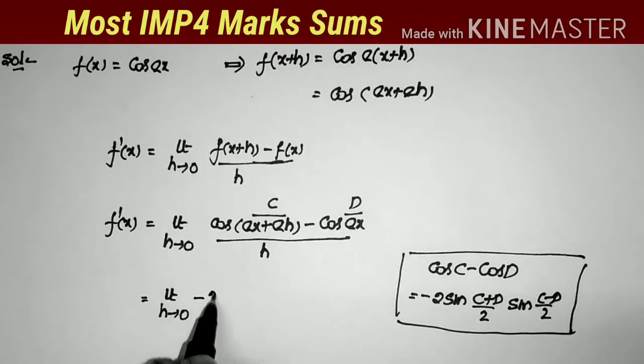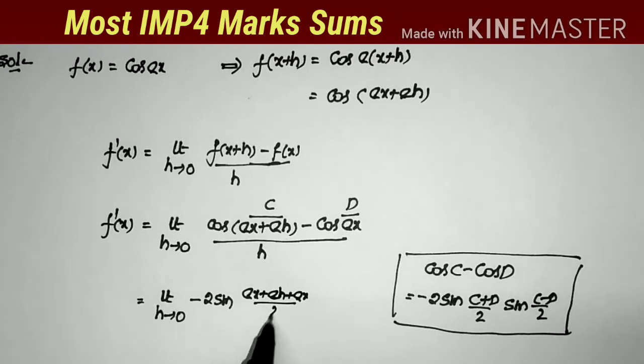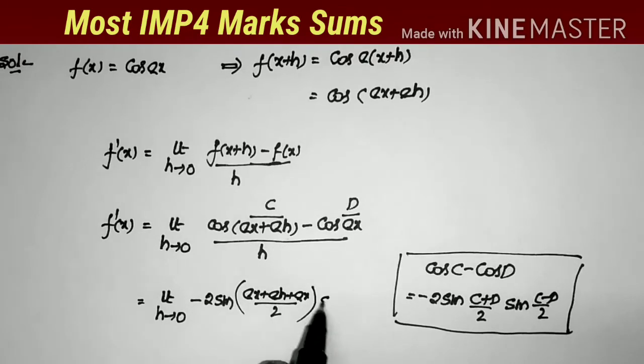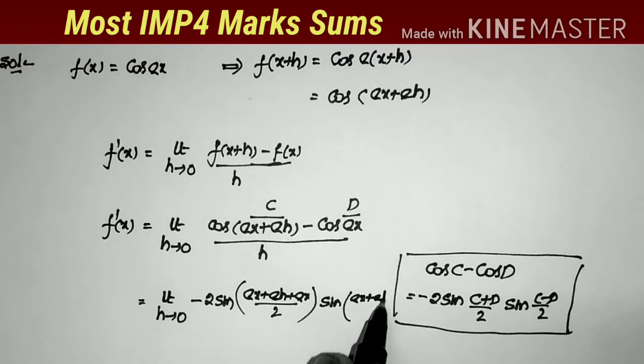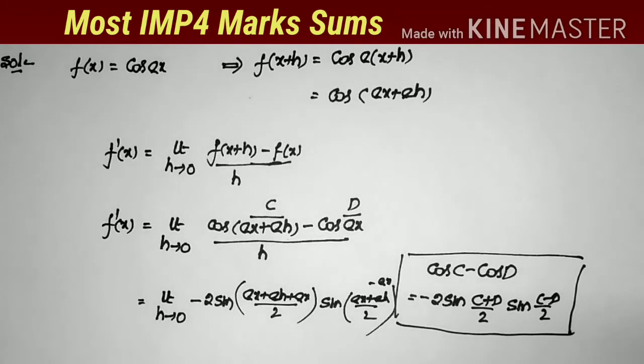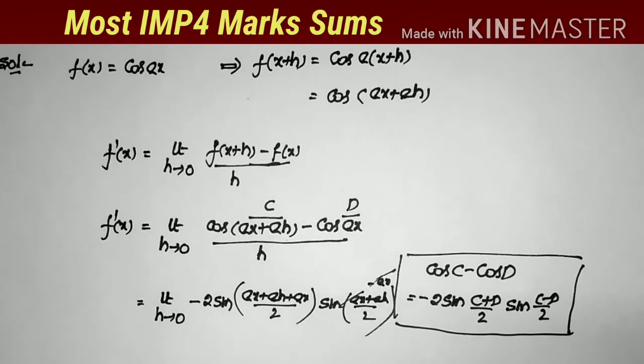So this is minus 2 sin of (ax plus ah plus ax) by 2, into sin of (ax plus ah minus ax) by 2, that is C plus D by 2 and C minus D by 2. Now here ax minus ax gets cancelled.